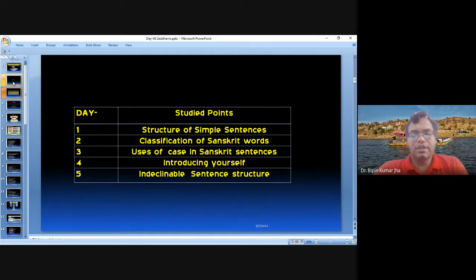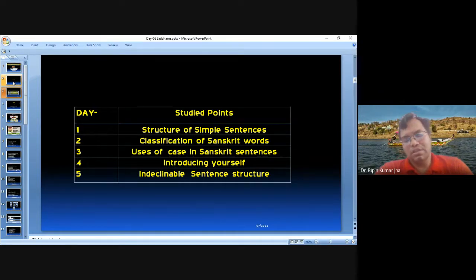On the third day, we tried to understand the uses of case in Sanskrit sentences and the utility of case. On the fourth day, we learned how to create sentences to introduce ourselves in Sanskrit.